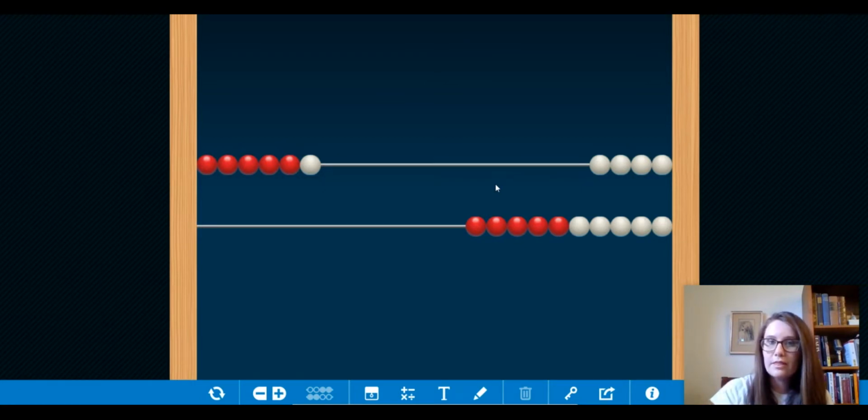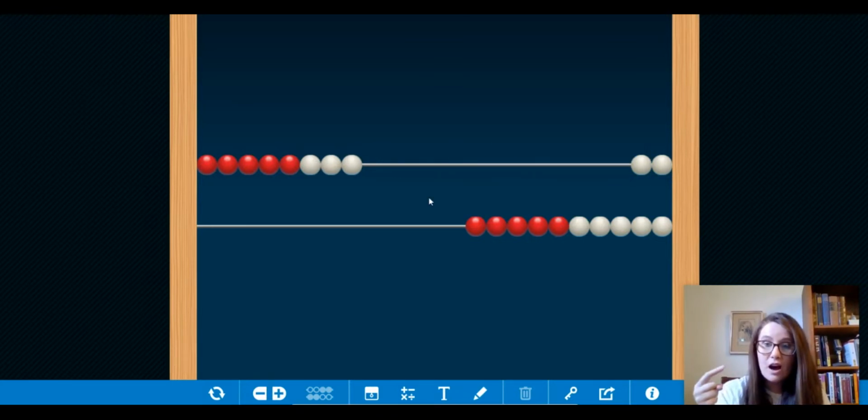But here's another way. I could put 8 in my brain or move 8 beads over. And then I could count up to 14.